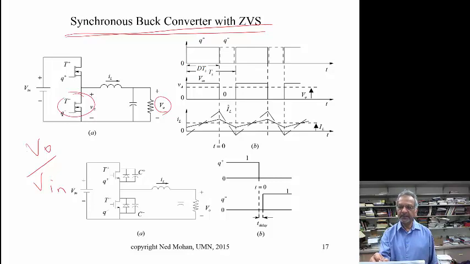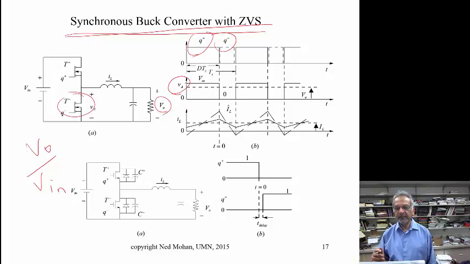Here is the switching signal to these MOSFETs, Q plus to the top one, Q minus, the complementary signal is also shown here, and this voltage VA is plotted over here.